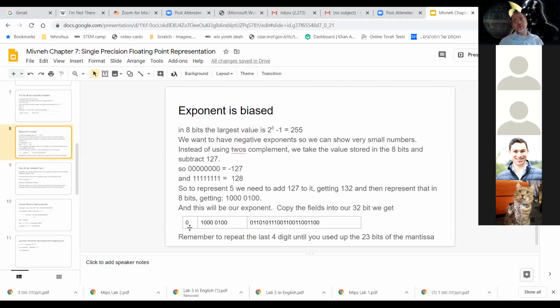I can't represent that number, but I also can't represent lots of numbers like that. That's the end of the range number. But I could represent, for example, a number slightly larger, like 1.111111 times 2 to the negative 127.